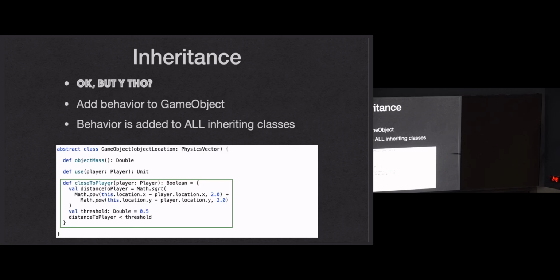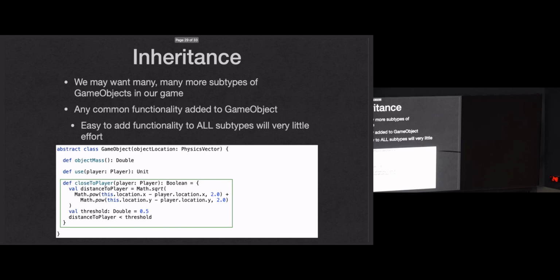Well, if you want bow and arrows and swords and grenades, what if you want to add all kinds of different things to this game? Well, each one, you're just going to extend game object, inherit all the behavior that's common to every game object, and then only define the specific behavior for that type of object in that class. So when I have hundreds of subtypes, I'm going to add code to game object, and that applies everywhere.